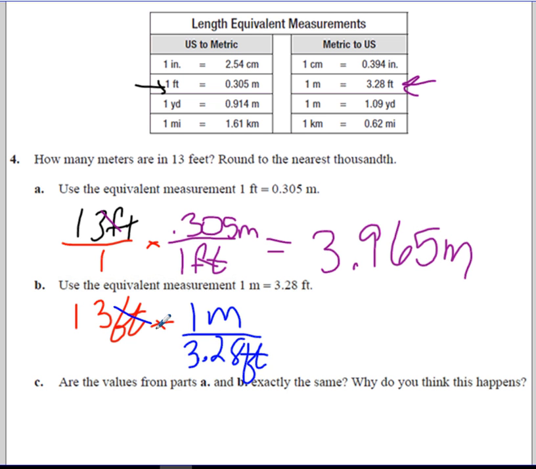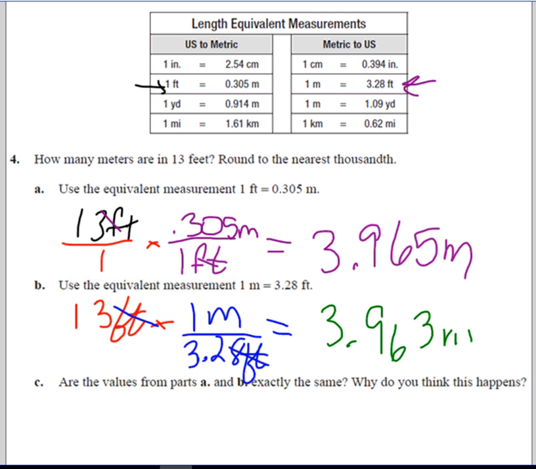So again, our feet can cancel. And this time our 1 is in the numerator, 3.28 is in the denominator, so we're going to divide. And when we divide 13 by 3.28, rounded to 3 places, we get 3.963 meters.